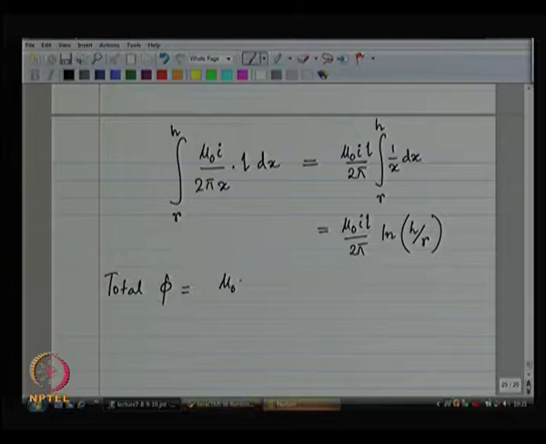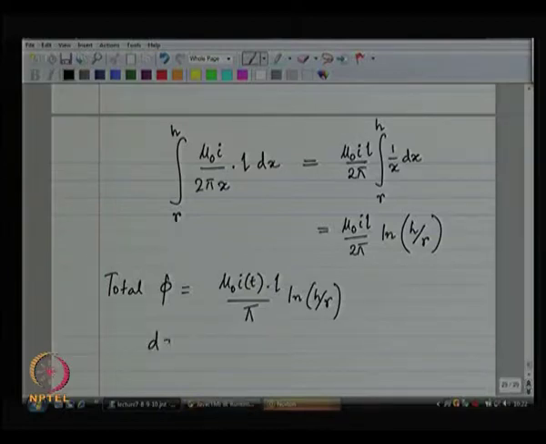So, that is mu naught I, right, and d phi by dt, the rate of change of flux, creates an EMF.